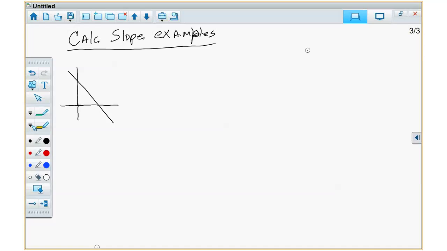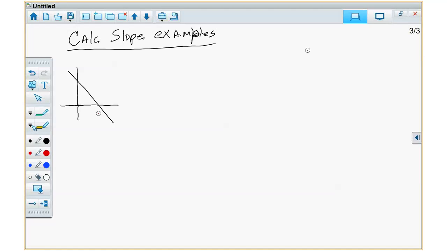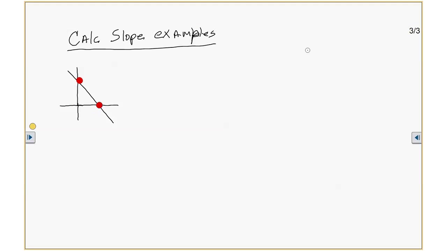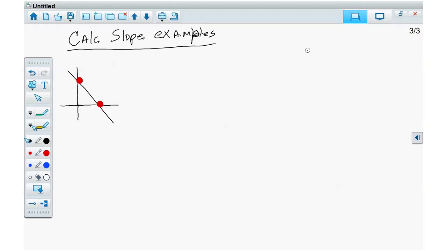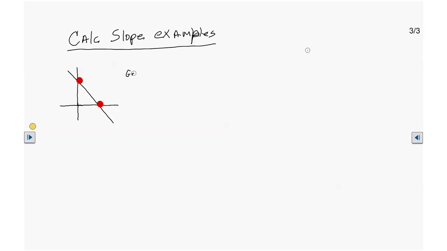So what do you have to find? You have to actually find 2 points. And I'm just going to draw a dot here and here. Now the red means that the student has to find the points. It'll be on graph paper, grid paper.